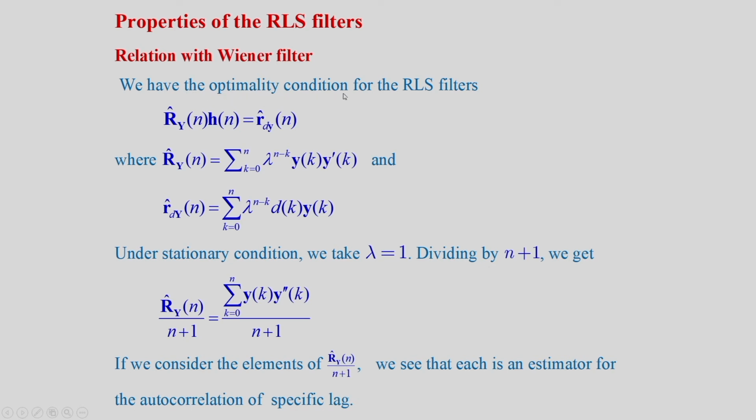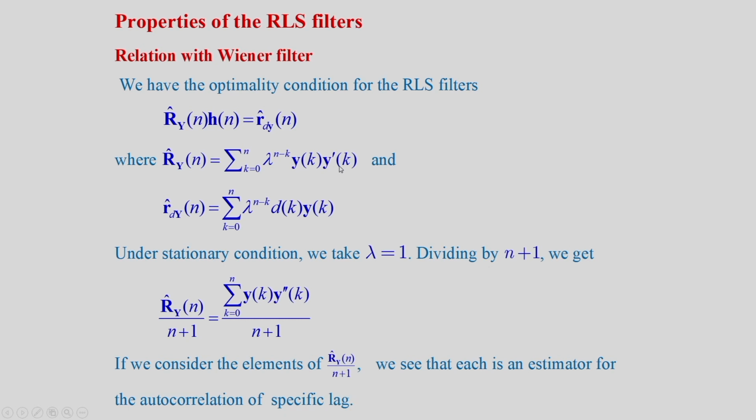We have the optimality condition for RLS filters given by the normal equation, that is Ry hat n matrix multiplied by Hn vector is equal to the cross correlation vector, R dy hat n, where Ry hat n is given by this relationship, the weighted sum of Yk into Yk transpose.